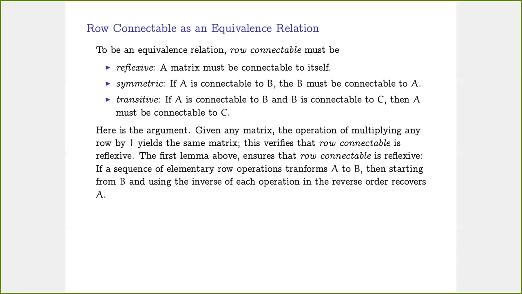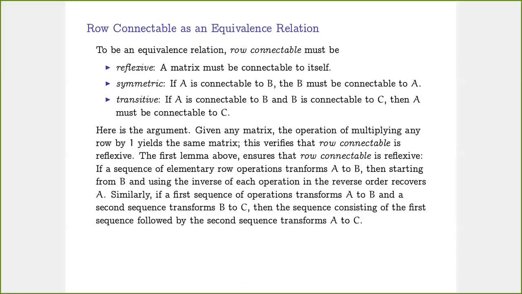If a sequence of elementary row operations transforms A to B, then starting from B and using the inverse of each operation in the reverse order recovers A. Similarly, if a first sequence of operations transforms A to B and a second sequence transforms B to C, then you can stick those two sequences together and consider the first sequence followed by the second sequence, and that's going to transform A to C. So A is connectable to C.